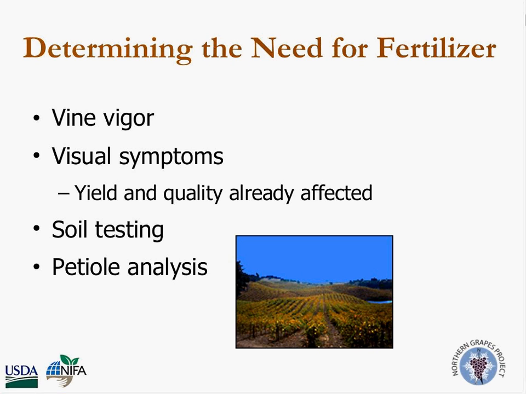And so having diagnostic procedures to help guide the inputs that may be needed makes more sense. Soil testing is a way of getting started, and then petiole analysis for monitoring things as the vines are established. These are two diagnostic tools that help guide the inputs that may be needed.